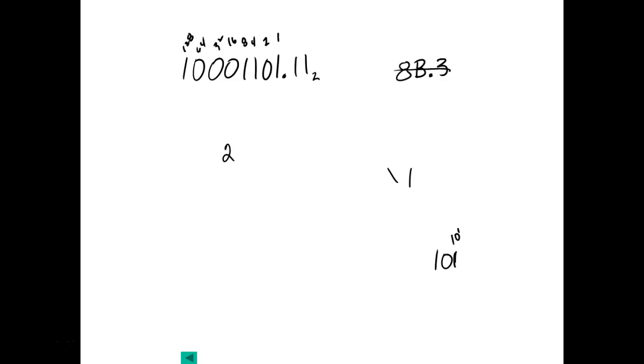A 1. Okay, so that's where I messed up. But you understand, right? And you can understand why you got a lot bigger number, because you were up here on 256 instead of what? Instead of 128. 1, 2, 4, 8, 16, 32, 64, 128.